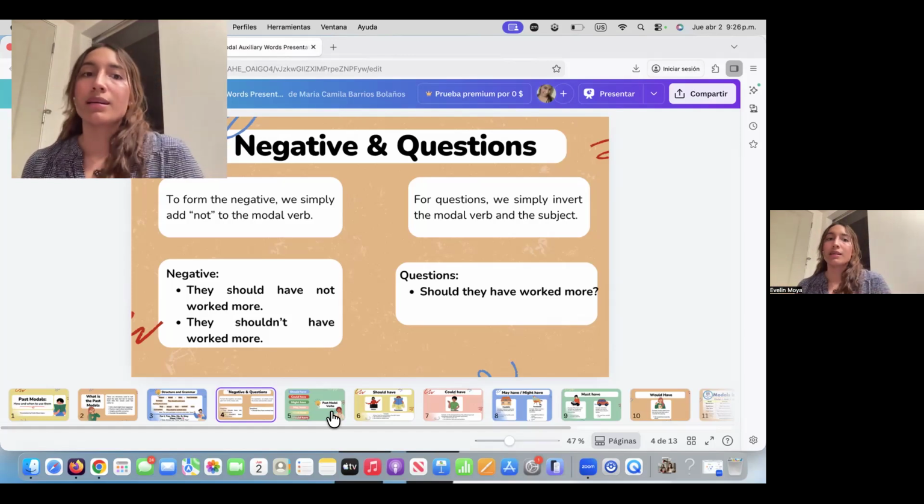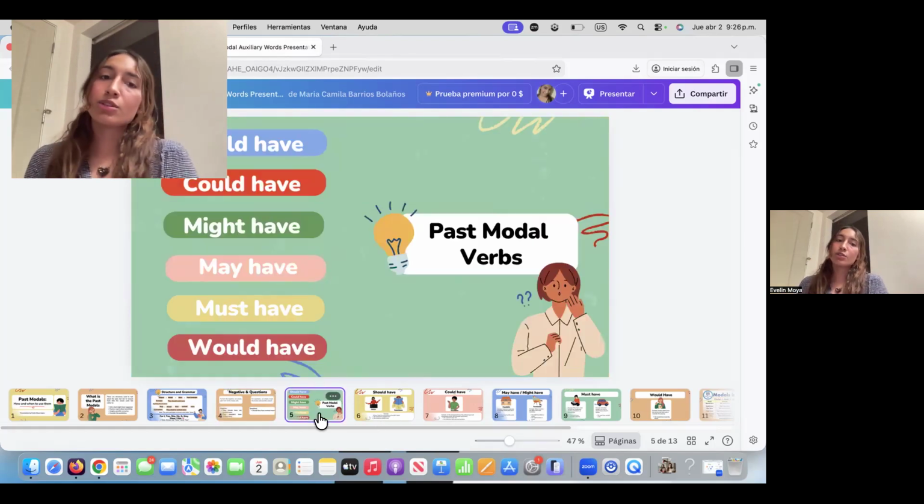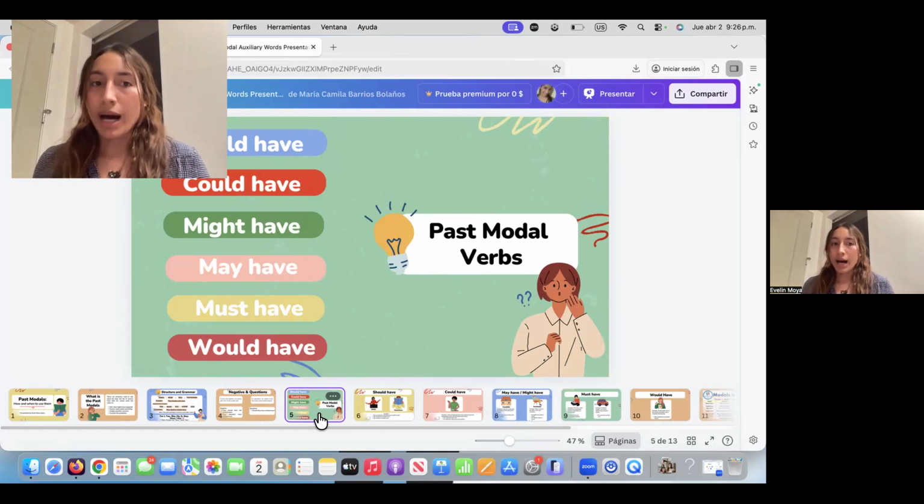Not all the past modals mean the same. So now we're going to see when we have to use should have, could have, might have, may have, must have, would have.